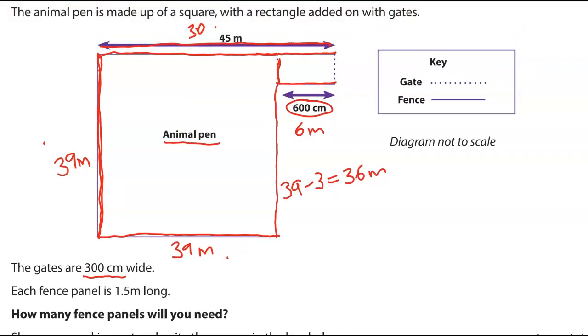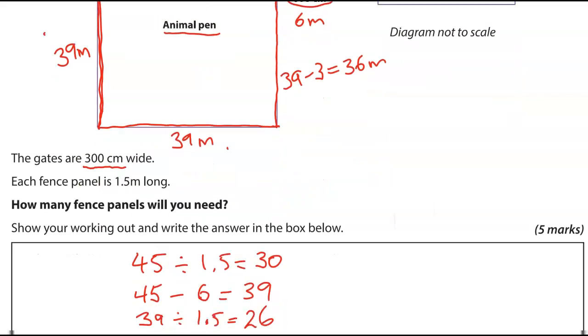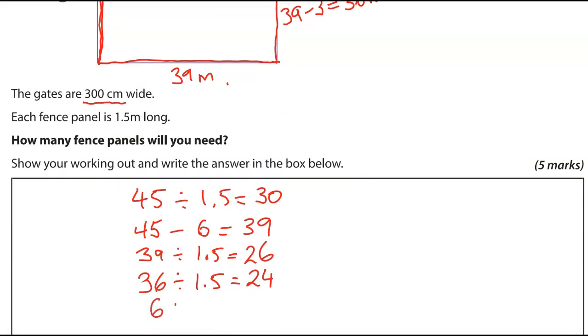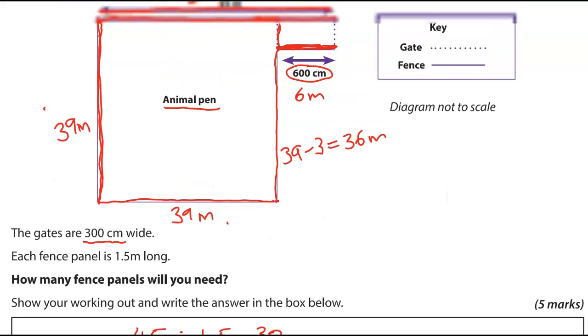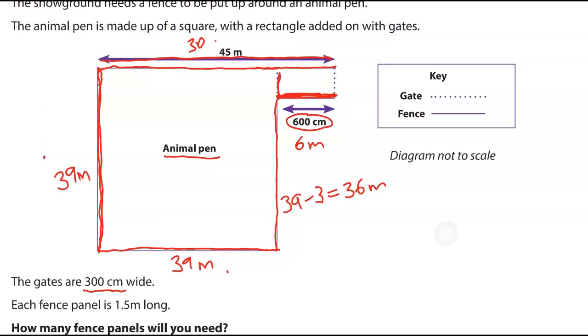And finally we have the 6 meters here. So 6 meters divided by 1.5 is 4. Okay, let's add the number of panels from each length.